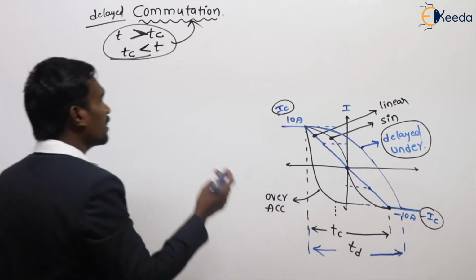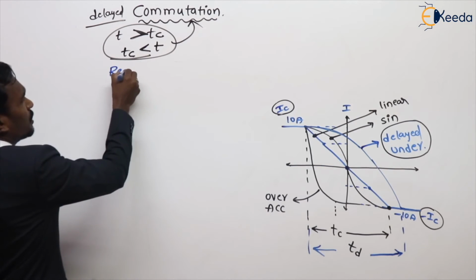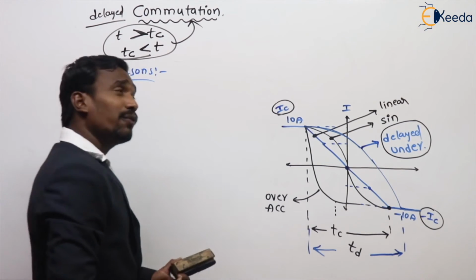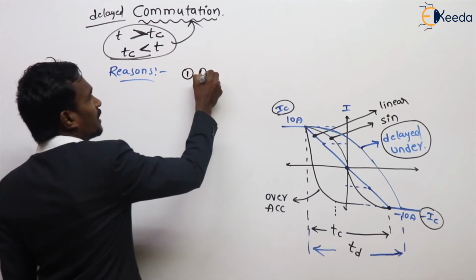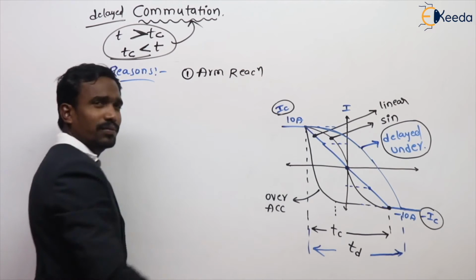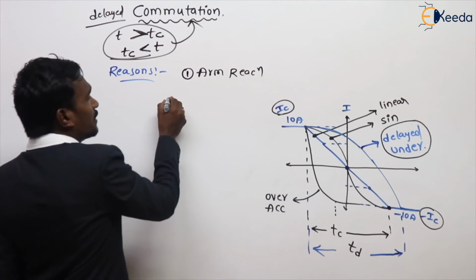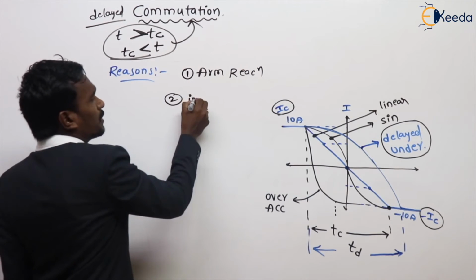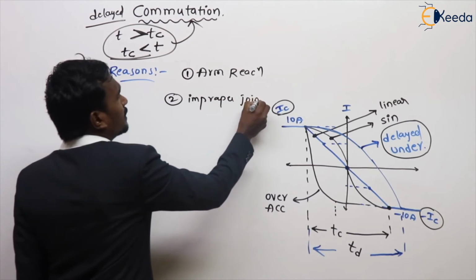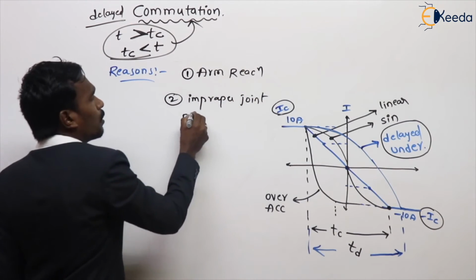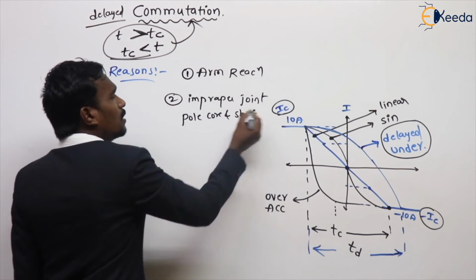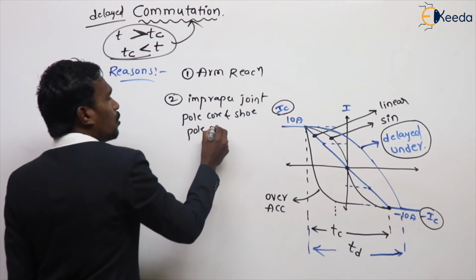Sir, what are the reasons for delayed commutation? In that, the first one is armature reaction, the actual reason. Next, improper joints between pole core and pole shoe, and between pole core and yoke.